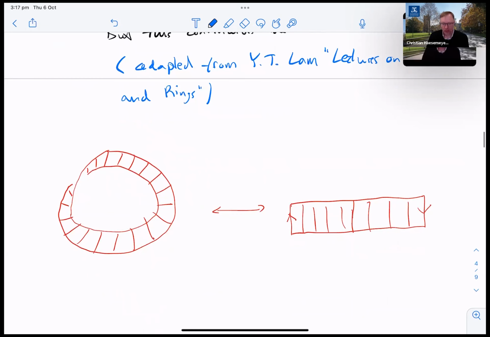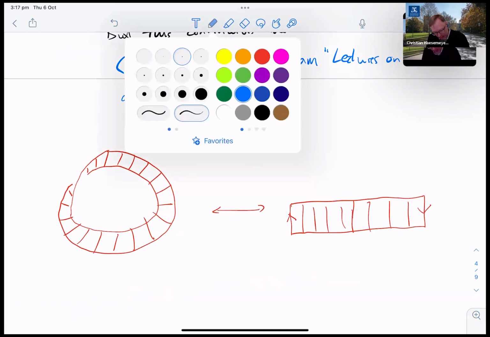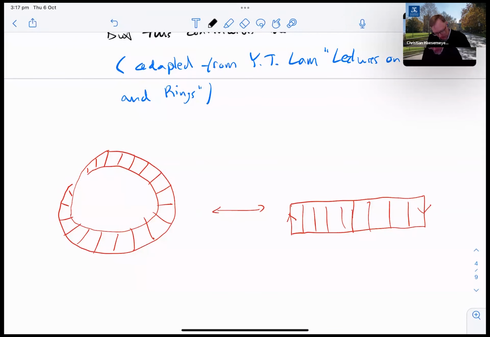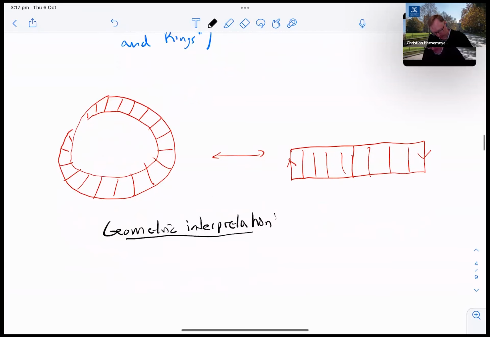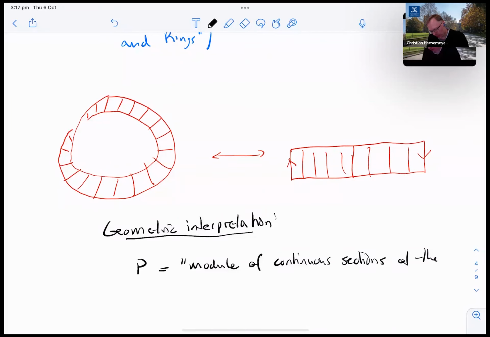Okay, now what does this have to do with the Möbius strip? Well, it has to do with the Möbius strip because we can also consider a geometric interpretation. The geometric interpretation is that P is the module of continuous sections of, well, not quite the Möbius strip, but the infinitely extended Möbius strip.